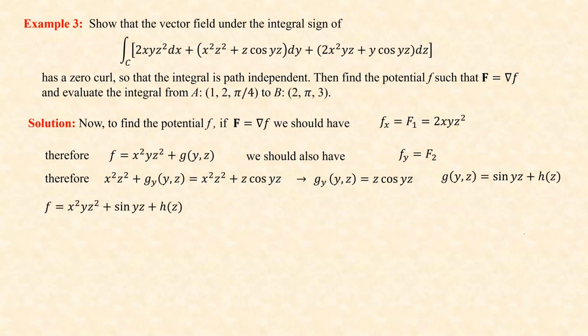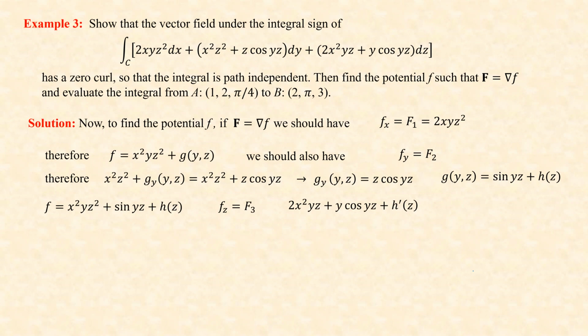And then if you put g back into f, so you have f equal to x squared yz plus g, where g is sine of yz plus h, you get this for f. And then we have the derivative of f with respect to z equal to f3.